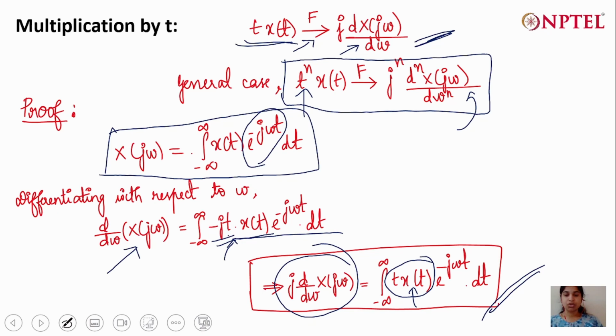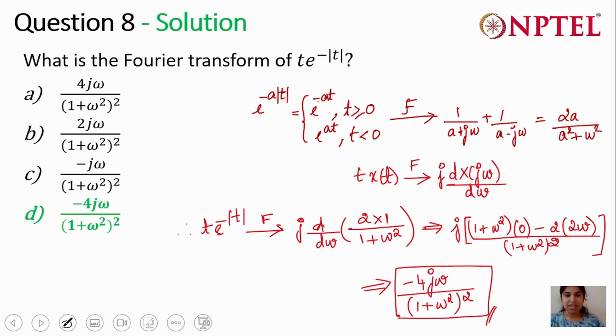Using this, for e power minus a mod t, we know the Fourier transform is 2a by a square plus omega square. We saw this last week. Now we are multiplying it by t and a is just 1.